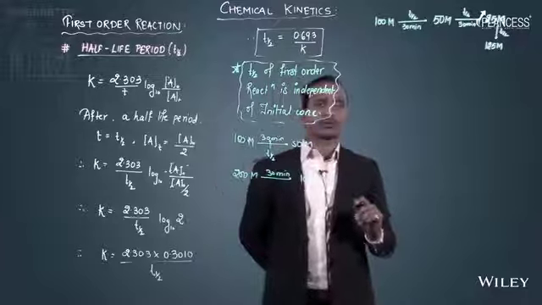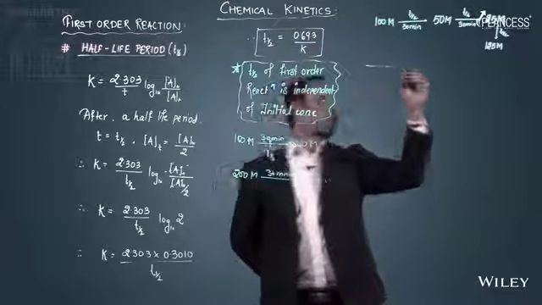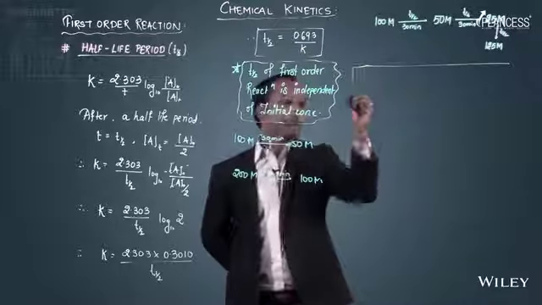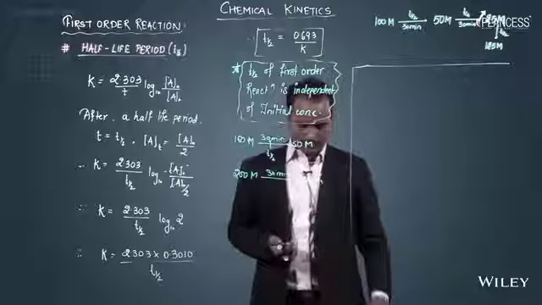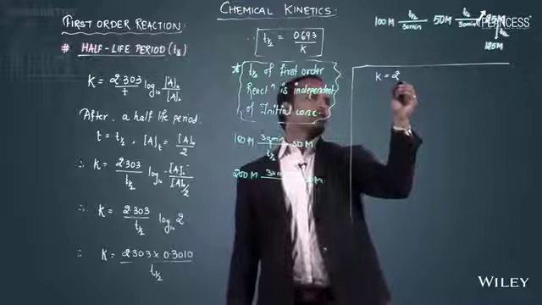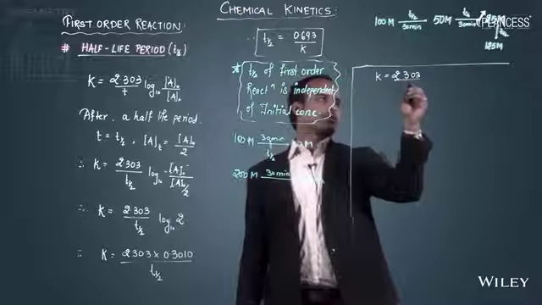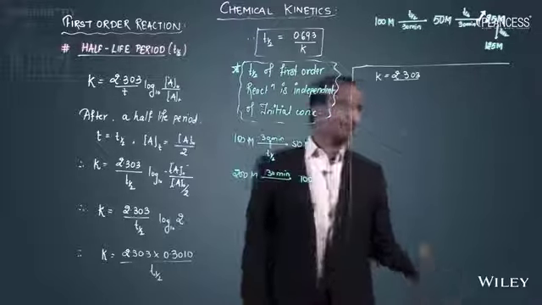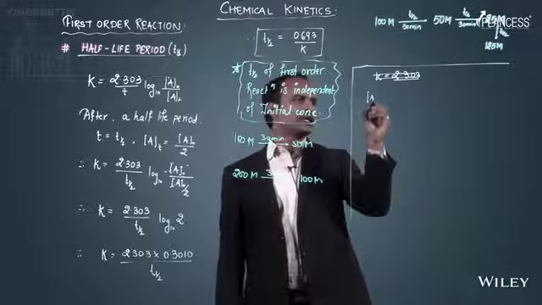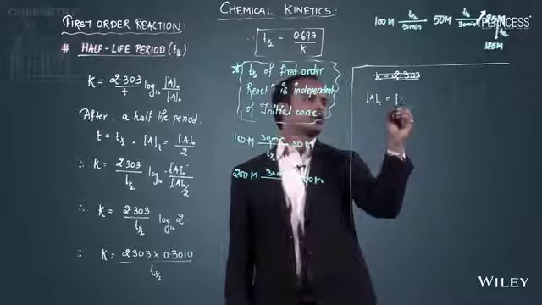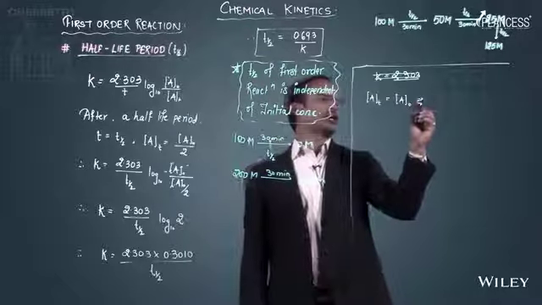Now let's talk about the total life period. For the total life period, let's start with another formula, that is A t is equal to A naught into e raised to minus kt.